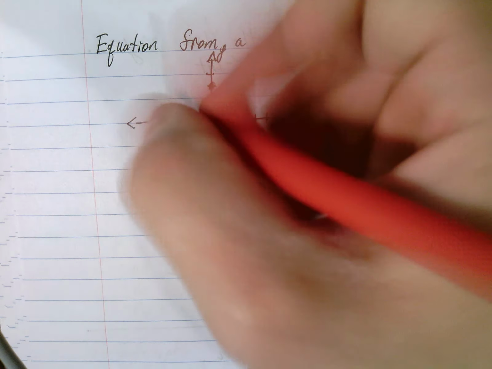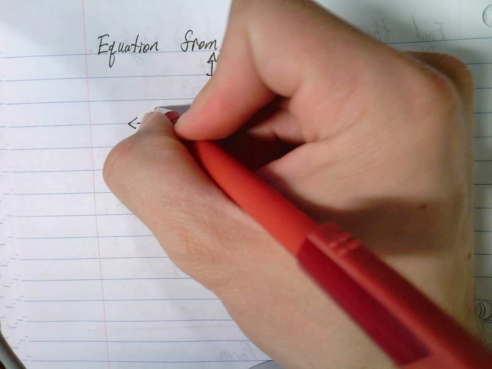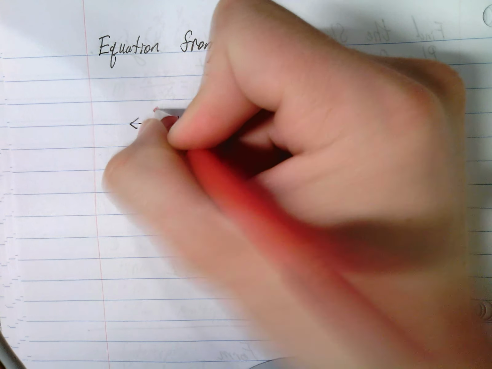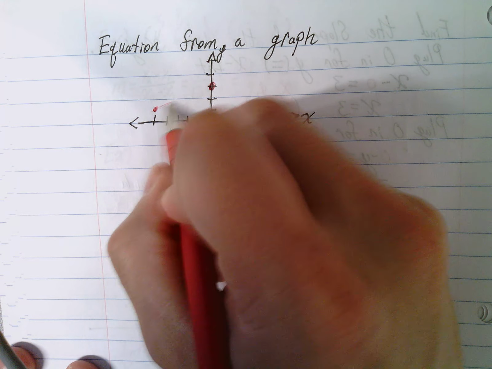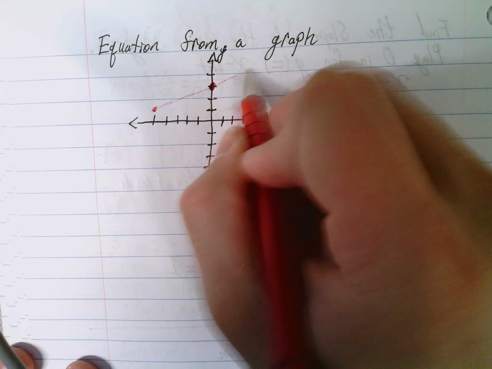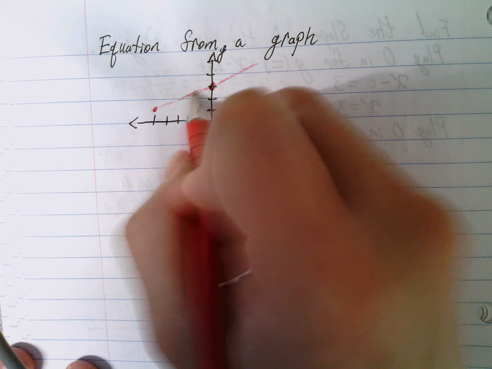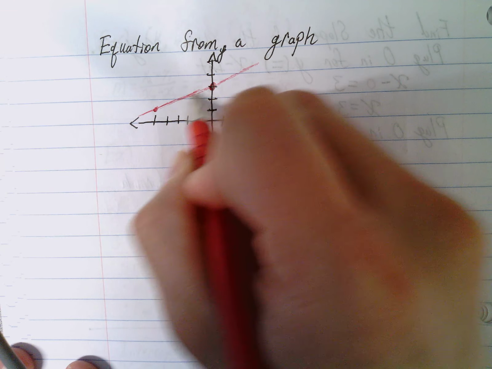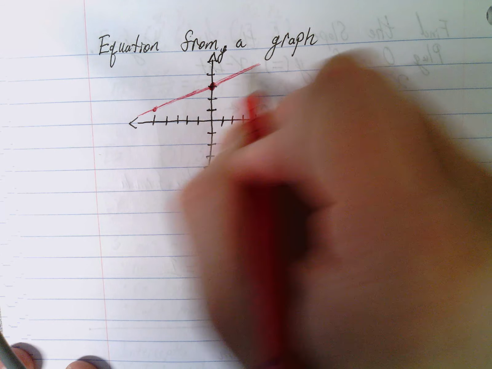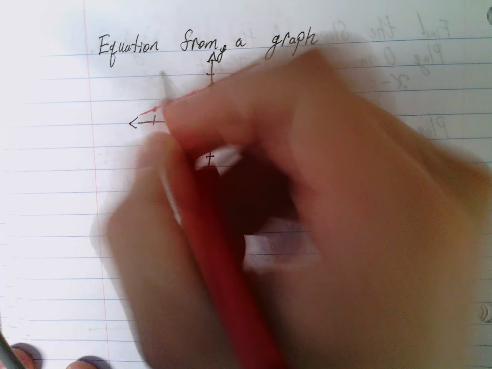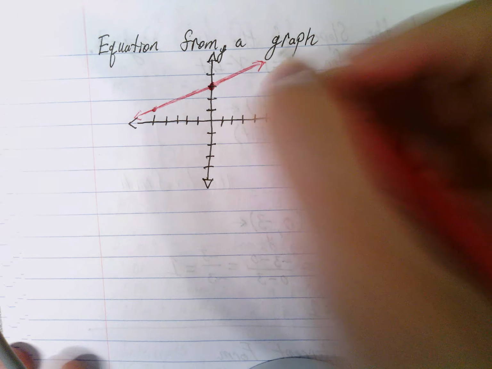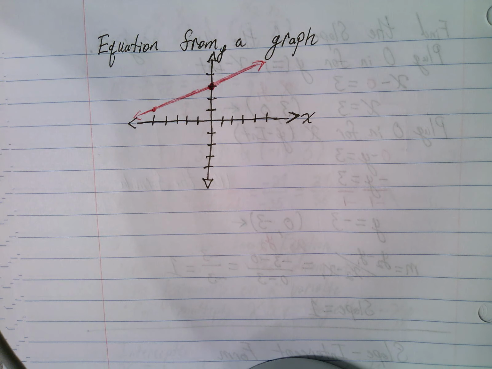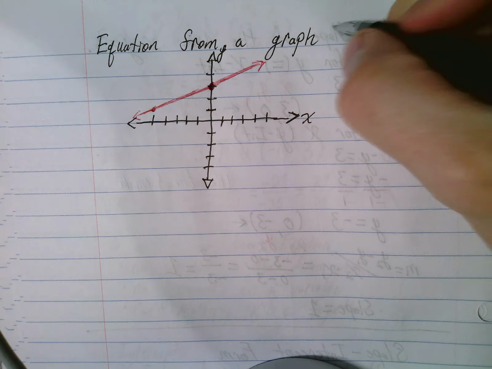And then I'm going to put another point out here. And let's see here. So now I can draw my line. There's the line. And I want to know what the equation is. And I want to write this equation in slope-intercept form.